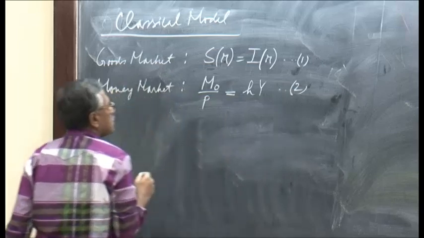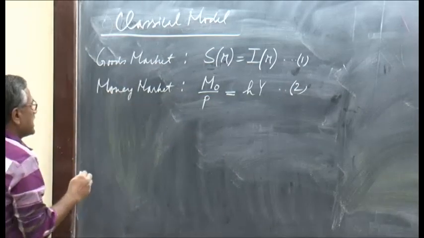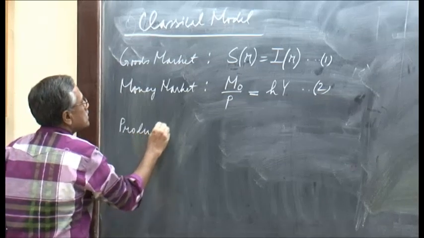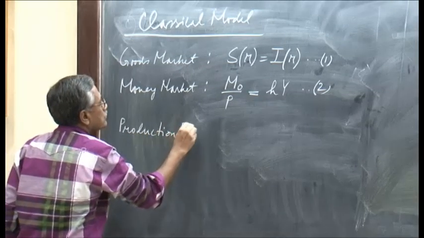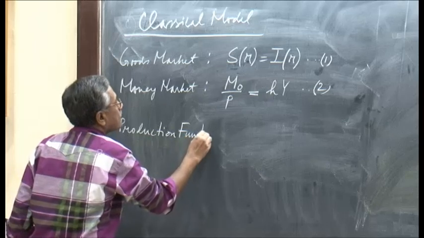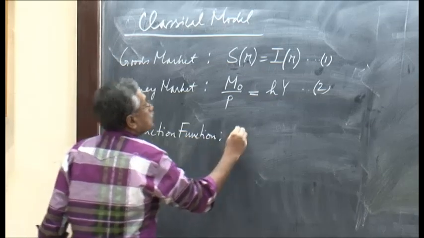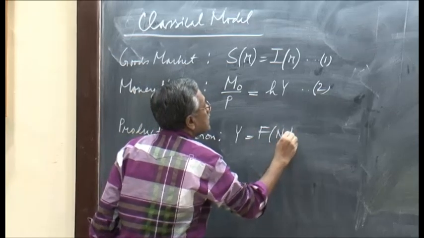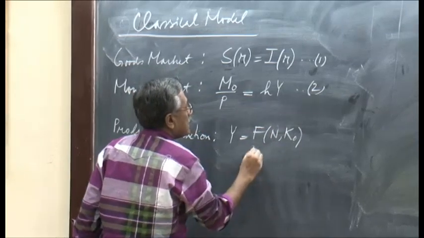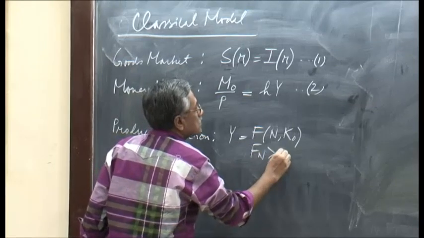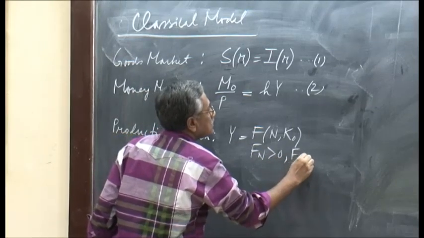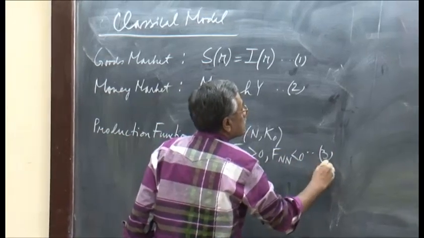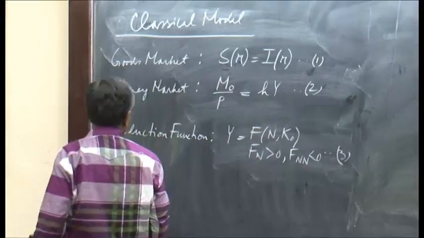Money market. Then I have the production function from the supply side, which is Y equal to Fn(K naught, N), Fn positive, Fnn negative. This is the third equation.